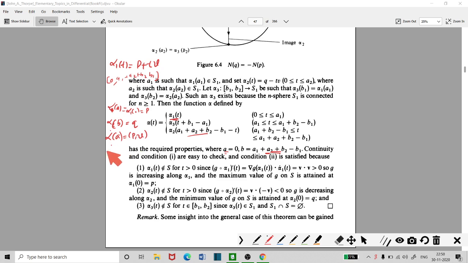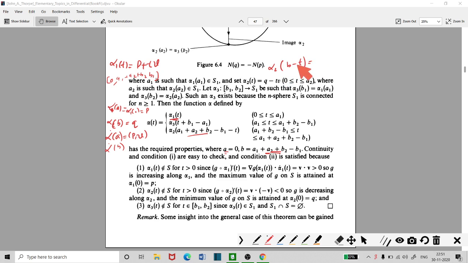Okay. Now alpha dot of b is obtained by taking the derivative of alpha at this point. So that is the derivative of the function alpha 2 of this quantity. The derivative of alpha 2 is defined with this minus t, so it is alpha 2 of b minus t.